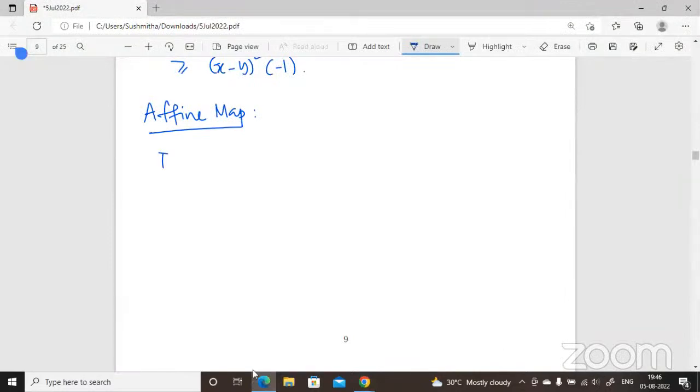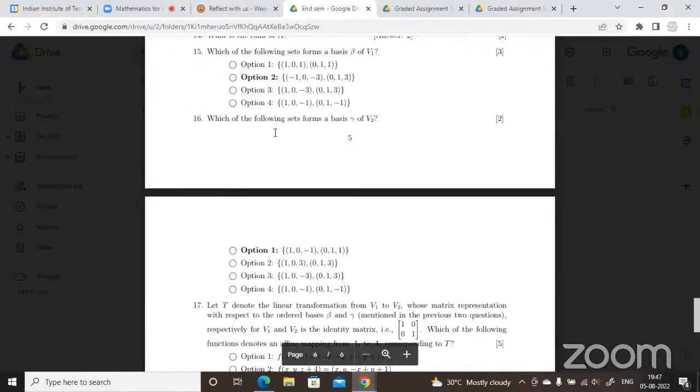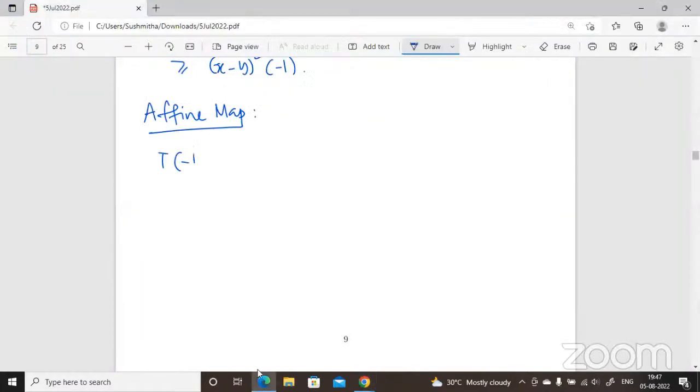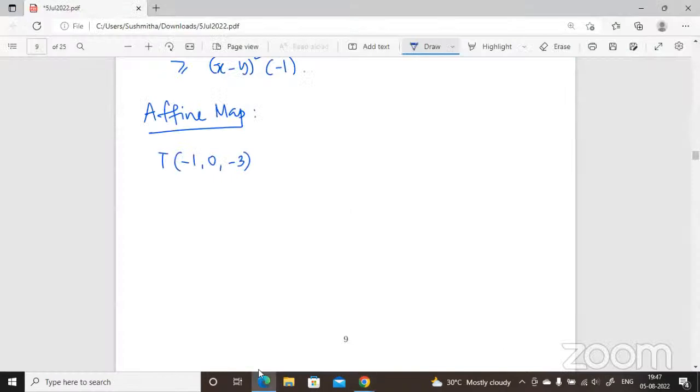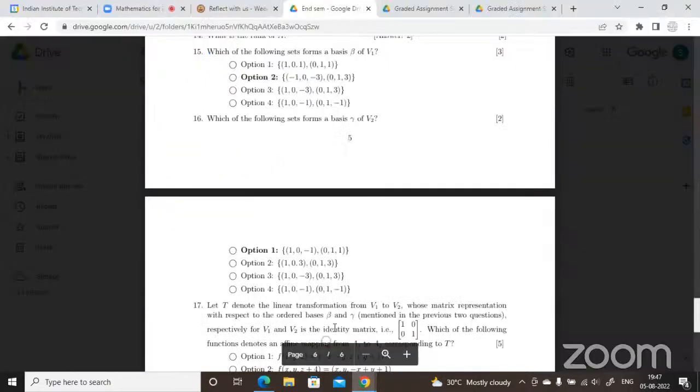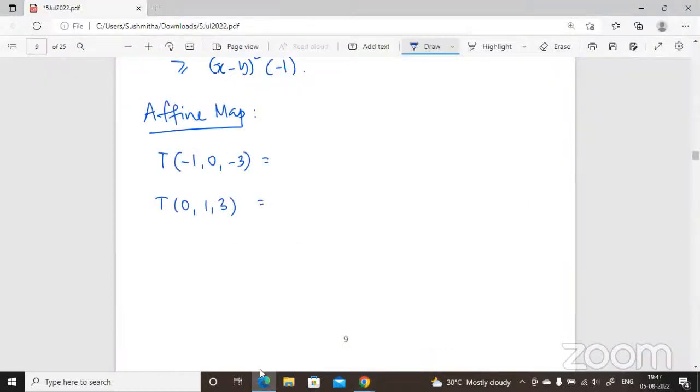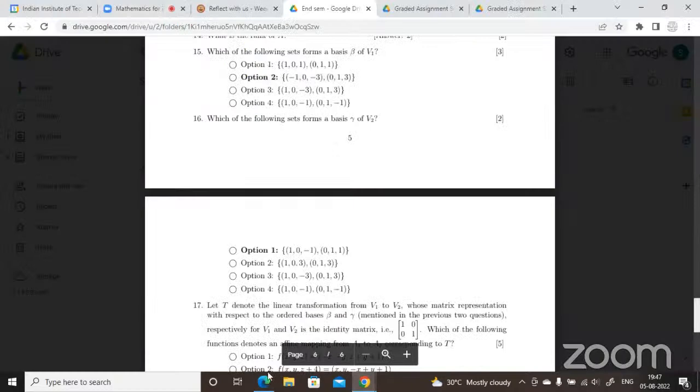T of (-1, 0, -3) and T of (0, 1, 3). This is equal to, it is the identity matrix, so simple: (1, 0, 1) and (1, 0, -1, 0, 1).